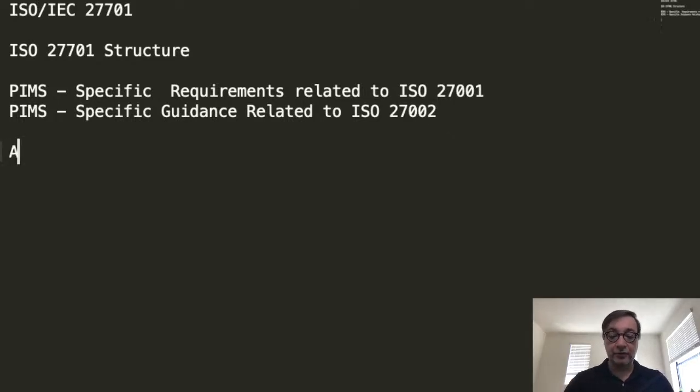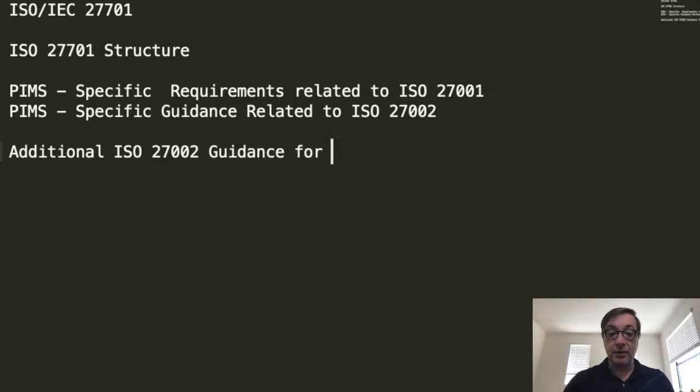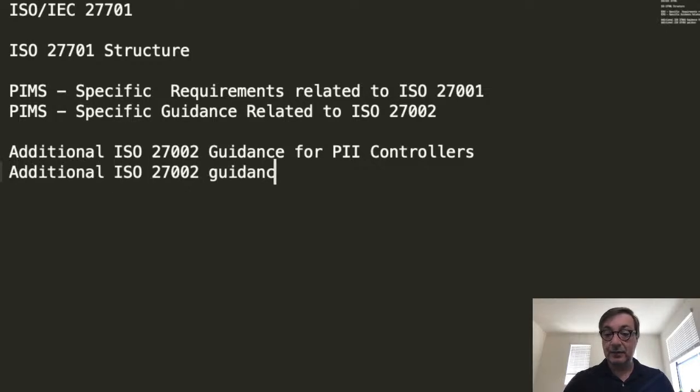And then there is also some additional ISO 27002 guidance, specifically for PII controllers. And then it also provides additional ISO 27002 guidance for PII processors.